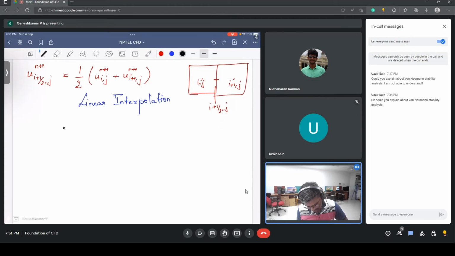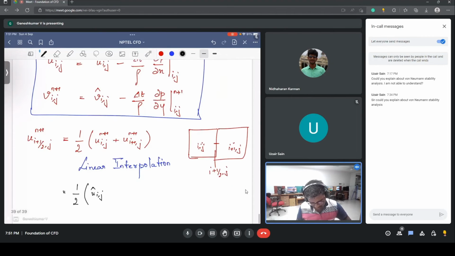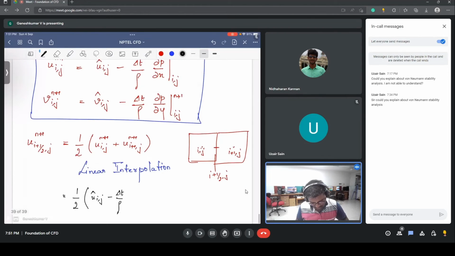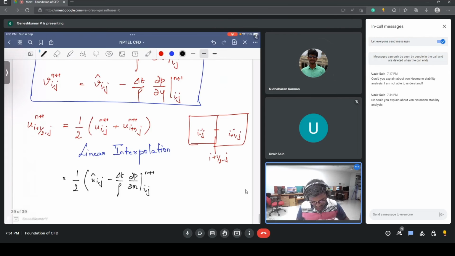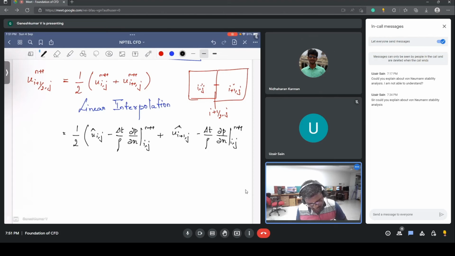What we know is half into u(i,j) would be u cap of (i,j), we know the u caps, right? u cap of (i,j) minus delta t by rho, we have this dou p by dou x at (i,j) at n+1, plus u cap of (i+1,j) minus delta t by rho dou p by dou x at (i+1,j) at n+1, right?